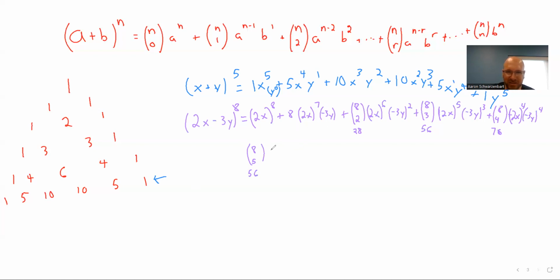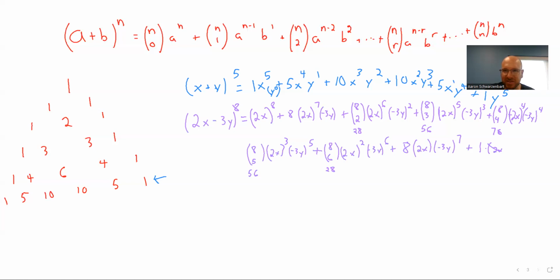They are symmetric. 2x to the 3rd now, negative 3y to the 5th, plus 8 choose 6, which is going to be the same as 8 choose 2. 2x squared, negative 3y to the 6th. 8 choose 7, which is 8. 2x, negative 3y to the 7th, plus 8 choose 8, which is 1. 2x to the 0, I don't really need that.